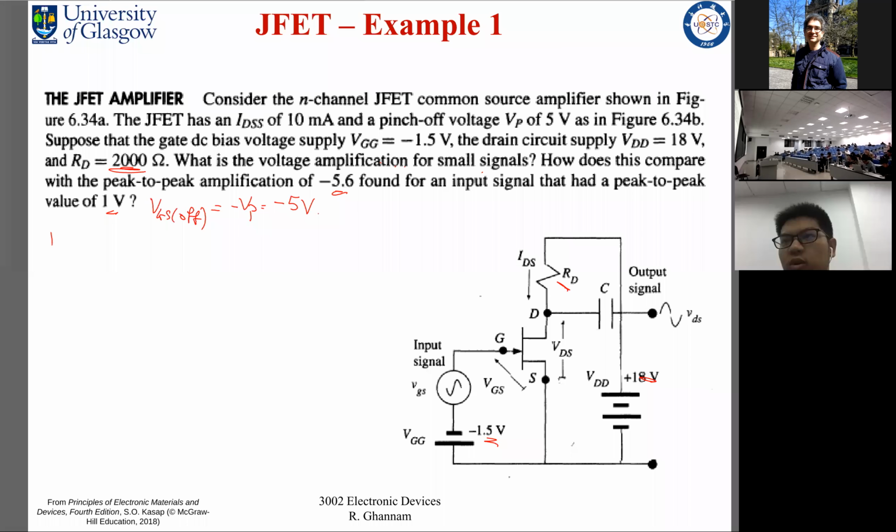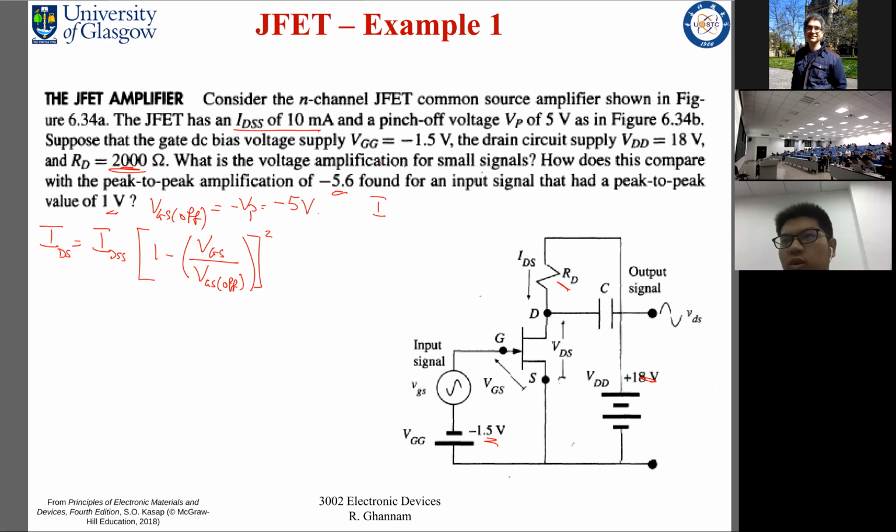We know from our previous slides that IDS equals IDSS times 1 minus VGS over VGS off, all squared. So let us start to substitute some values. IDSS is 10 milliamps.